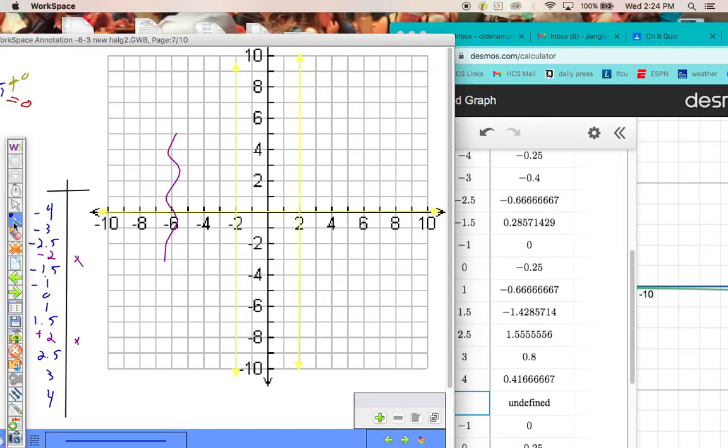All right, so I'm going to start plugging in some numbers. This is going to be negative 0.25, negative 0.4, negative 0.666, 0.286, 0, negative 0.25, negative 0.667, negative 1.429, 1.556, 0.8, and 0.417.